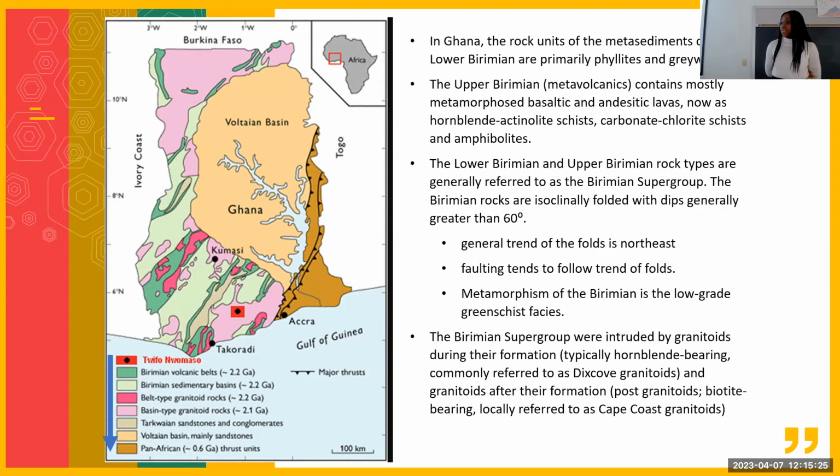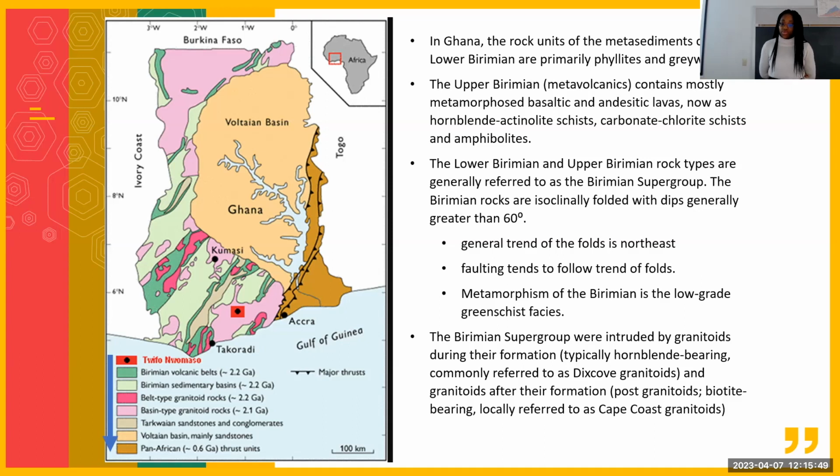The Birimian rocks are isoclinally folded with dips generally greater than 60 degrees. Their general trend is northeast, and faulting tends to follow the trend of folds. So if you find any faults within the Birimian supergroup, they tend to follow the trend of whatever fold might be nearby. Metamorphism of the Birimian is the low-grade greenschist facies.